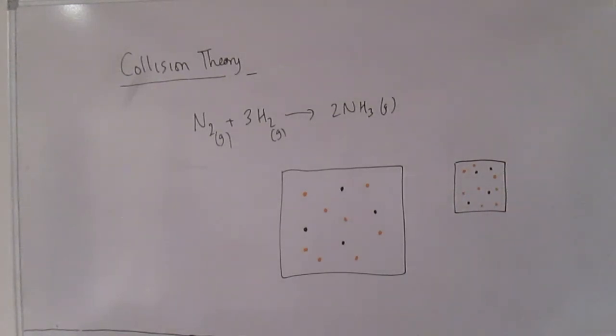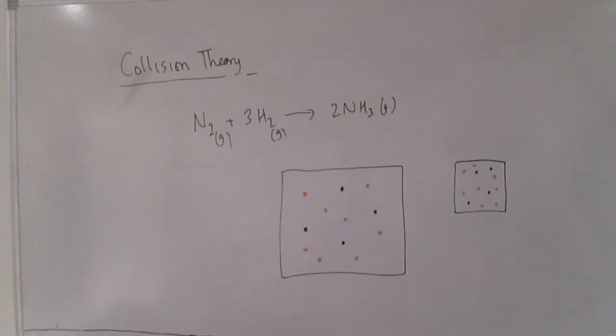Okay, so we've got the same number, but now we've put them in a smaller box. Then you can see that they're just much more likely to collide in the small box, because there's less space around. The molecules are closer together on average, and so they're more likely to undergo a collision. And that essentially is the reason why increasing concentration increases the rate of reaction. And that's all you have to say about it.